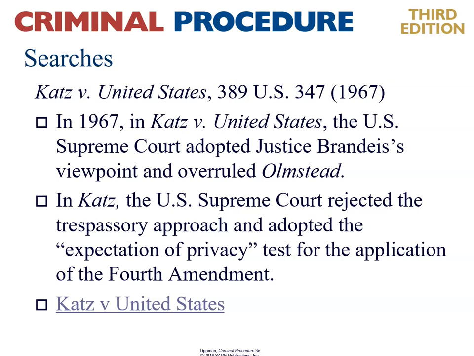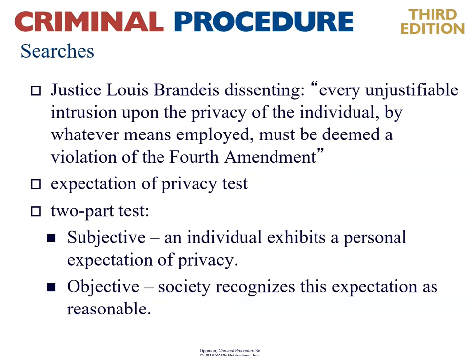Instead of the physical trespassing approach, they adopted the expectation of privacy approach. That is now the test for the application of the Fourth Amendment. I think that helped a little bit, right? If you want to know more about the Katz versus United States case, I also have a link down there, and you can take a look at that.